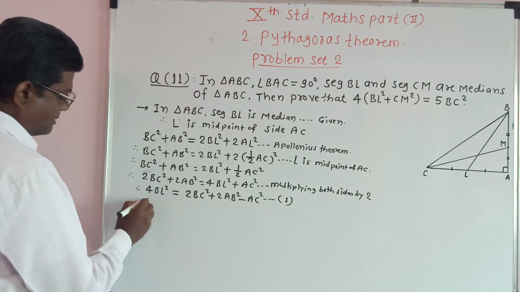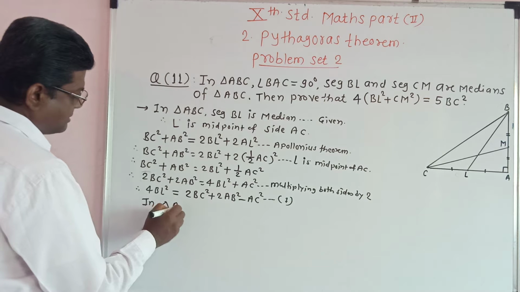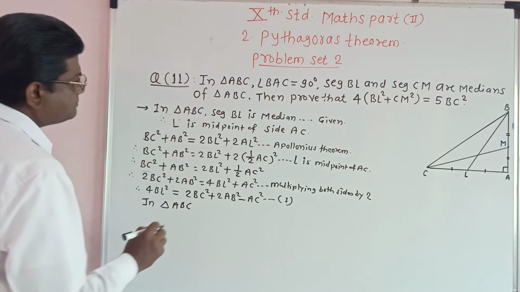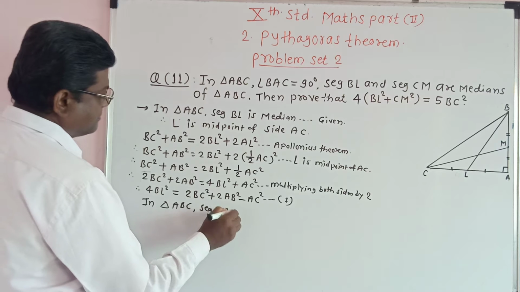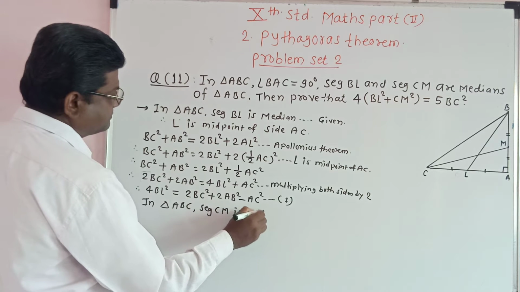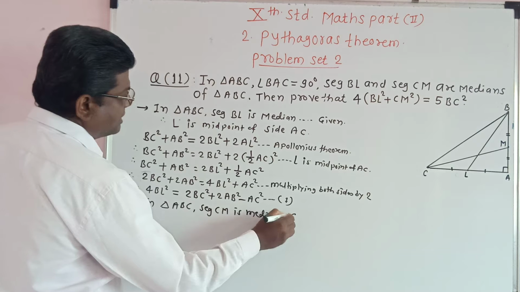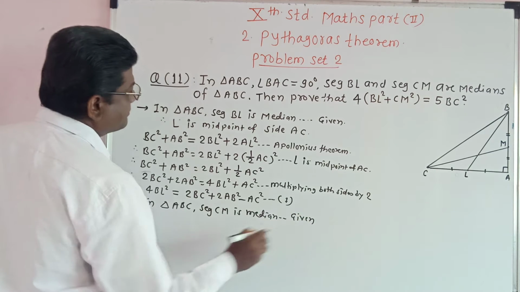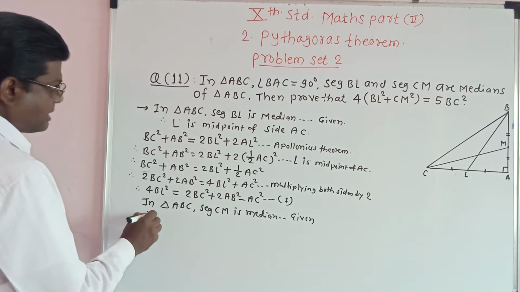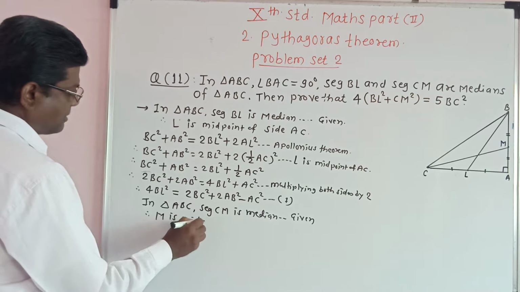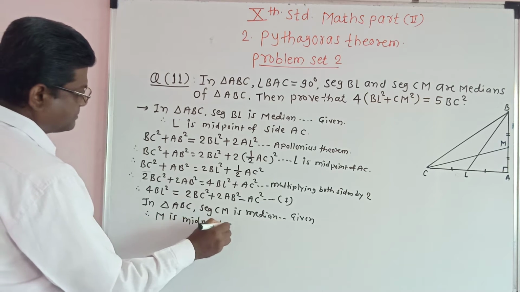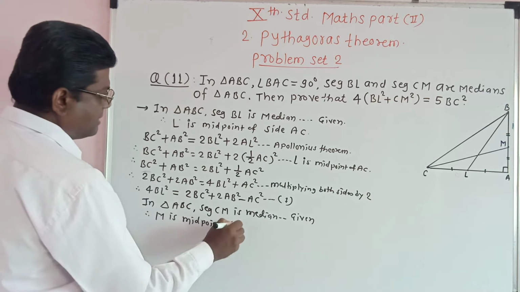Therefore once again, in triangle ABC, segment CM is median. It is given. Therefore M is midpoint of AB.